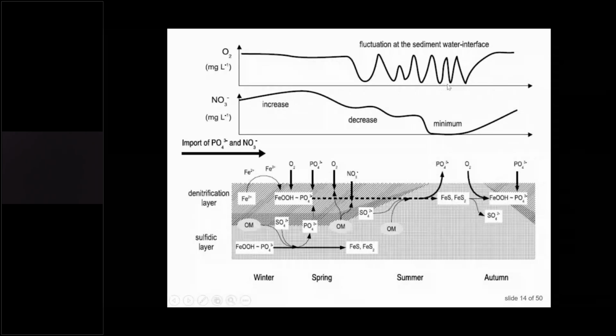And so now let's tie to the geochemical cycling of iron and phosphorus and sulfur. During these winter and springs when things are oxygenated, you have your iron in the Fe3 form, and it is a sink, an adsorption sink for phosphate.